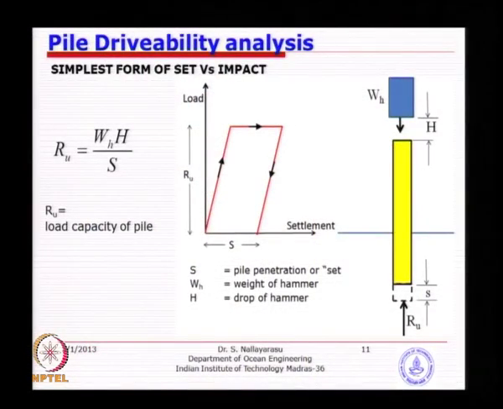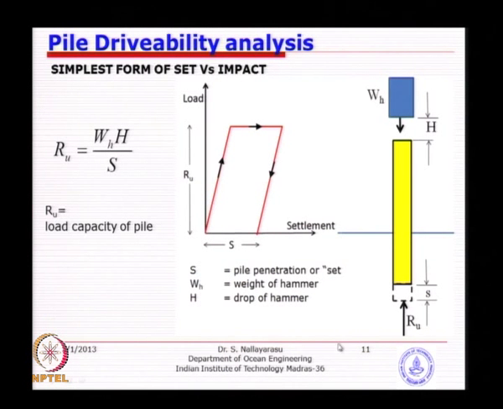If you look at this set versus impact in this picture, you can see the idea of what Sanders was proposing. Set times RU is the internal work done, W times H is the work done, the energy imparted from the external system.